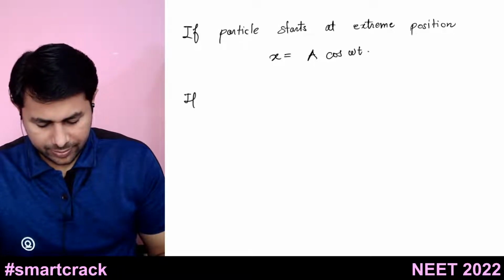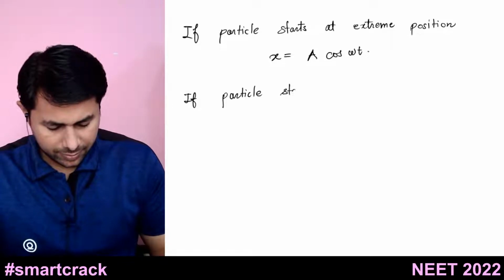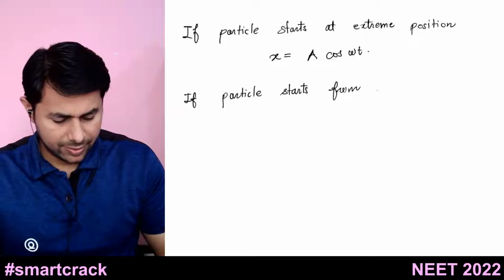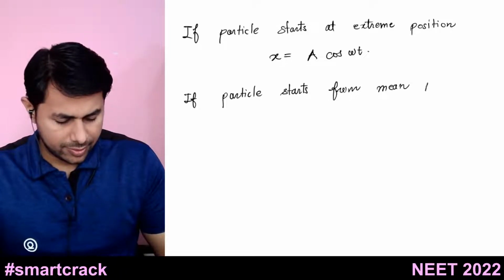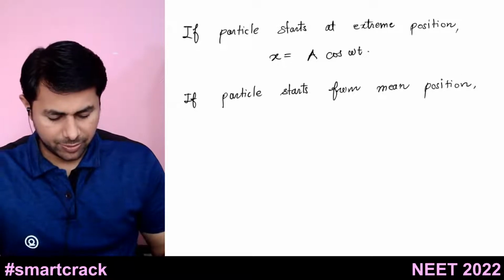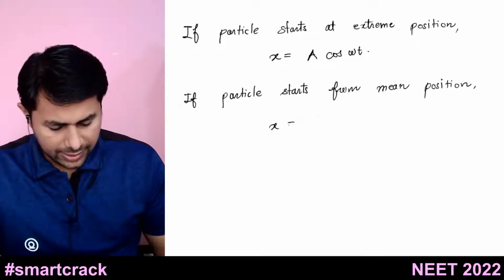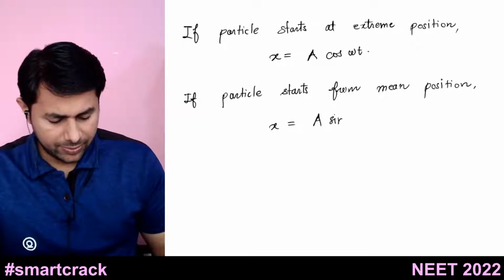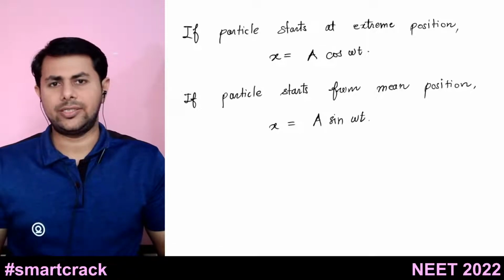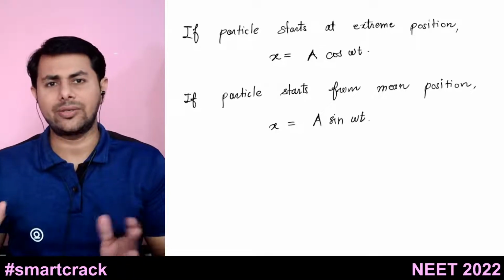And if the particle starts from the mean position, that is x equals 0, the particle starts from that position, then x is equal to A sine of omega t. Then if the particle starts at any other position, I will have some other value.